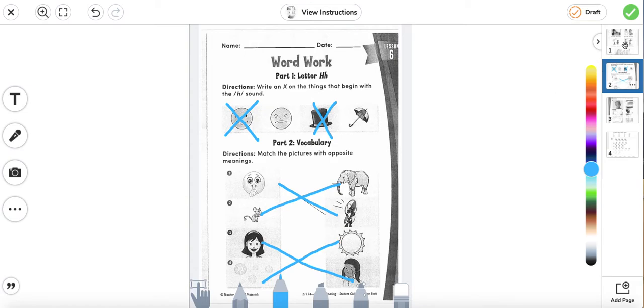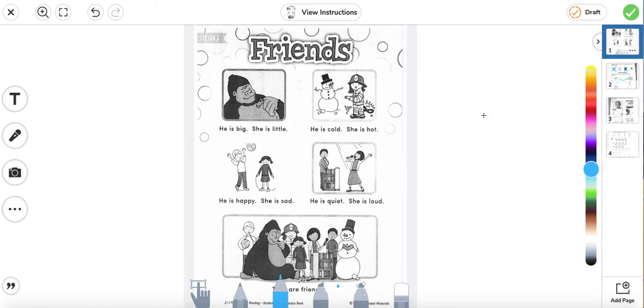We're going to go ahead and look back at page number 1. We're just going to review opposites. So here in this picture we have a gorilla and he is big. What is the opposite of big? Little. In the next picture we have a snowman and a fireman.